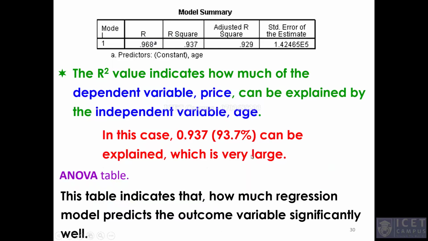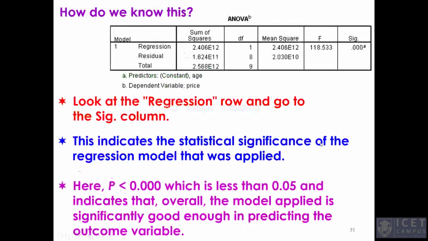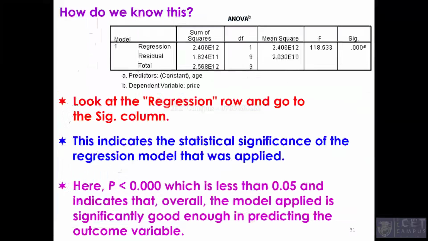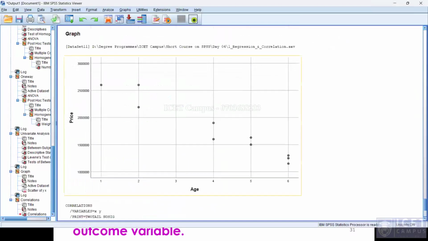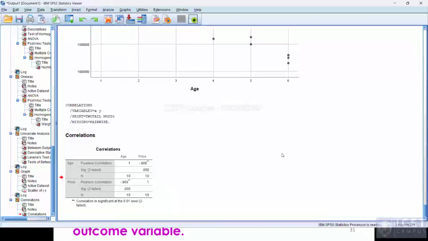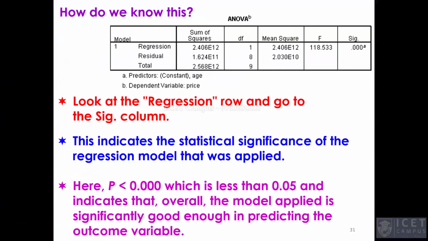Next is the ANOVA table. This table indicates how well the regression model predicts the outcome variable significantly better. So then you can see here.